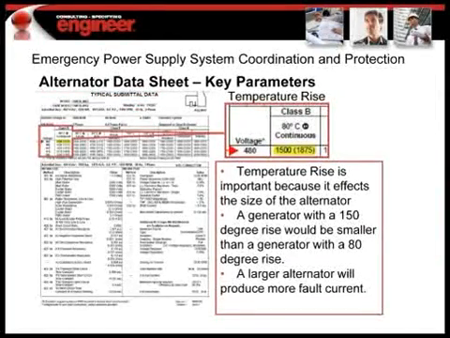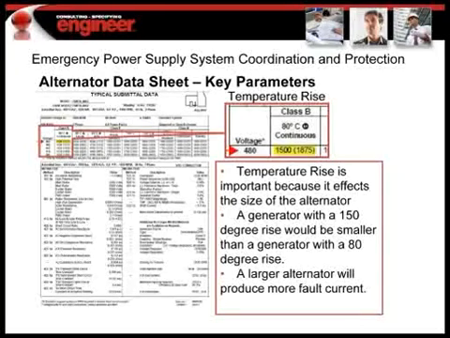The temperature rise is important because it'll affect the size of your alternator. You can specify an alternator that has, let's say, an 80-degree rise versus a 150-degree rise. The difference is that, let's say you had an alternator that produces 2,000 kW at 150 degrees.